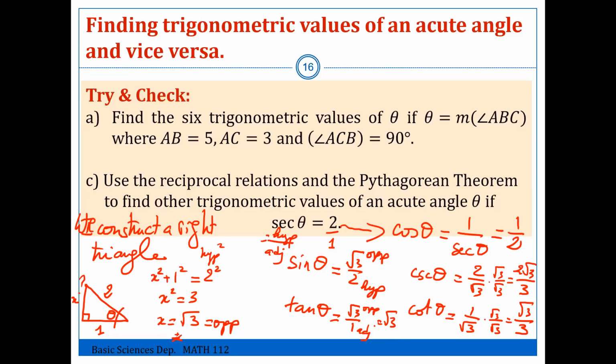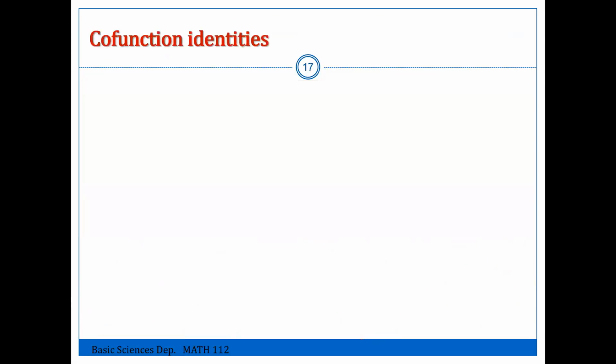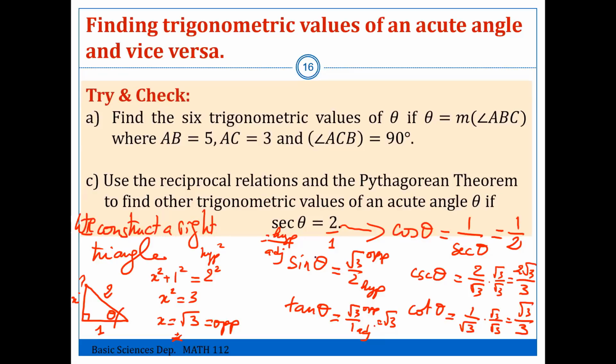So this is the basic definition of the trigonometric functions in a right triangle. We saw they are related, and we saw it in this example. If I know one, I can find the other 5 trigonometric ratios. And we saw some of these relations.